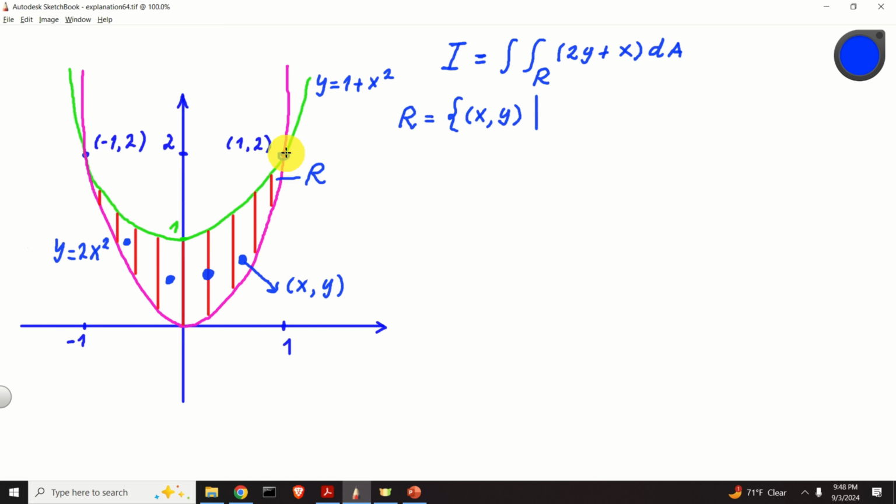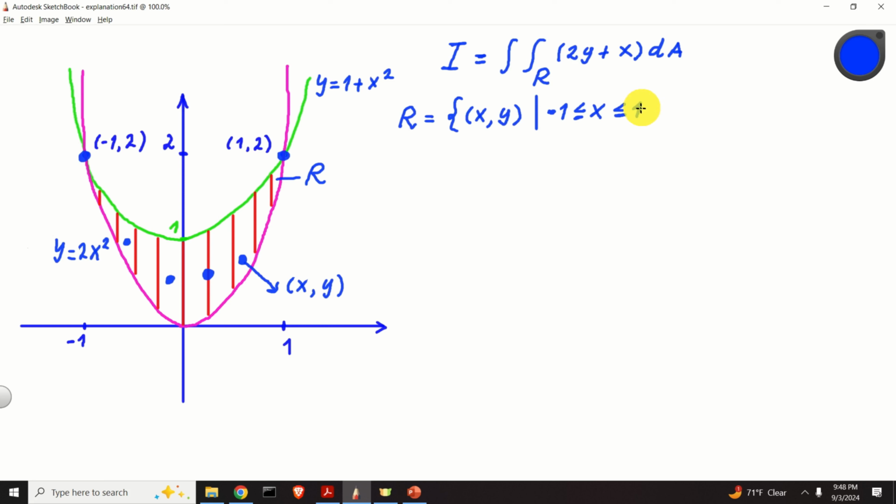This is because these intersection points are actually the boundary points, and their x coordinates are -1 over here and 1 over here. Consequently, any x is in the interval from -1 to 1. Consequently, we write -1 is less than or equal to x, and x is less than or equal to 1.